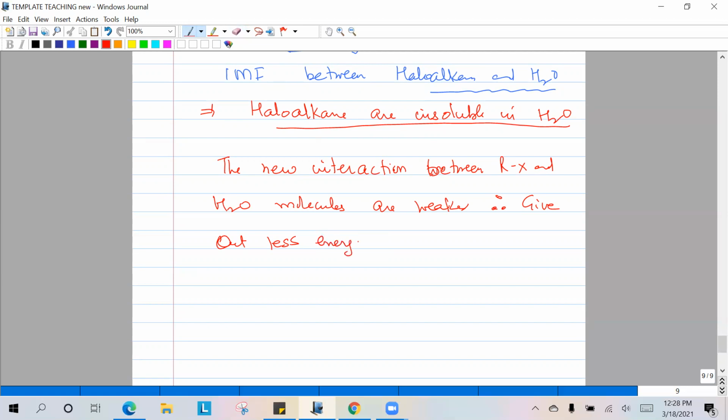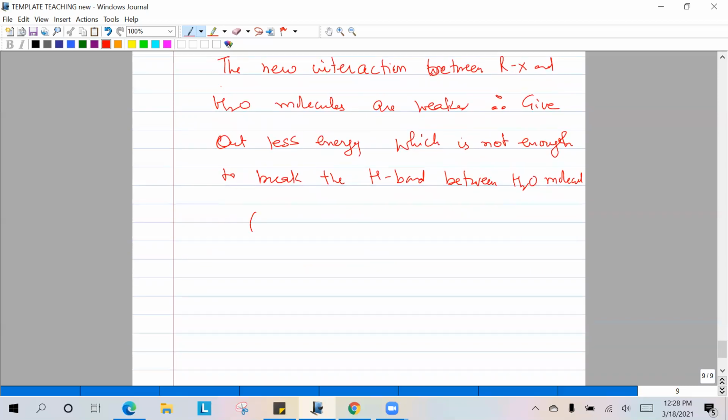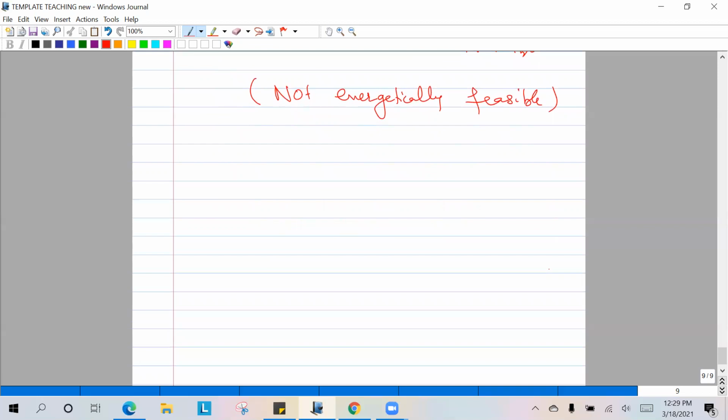This less energy is not enough to break the hydrogen bond between water molecules. In one word, not energetically feasible, because anything will be formed when the energy is lowered or there's enough energy to break the bond.